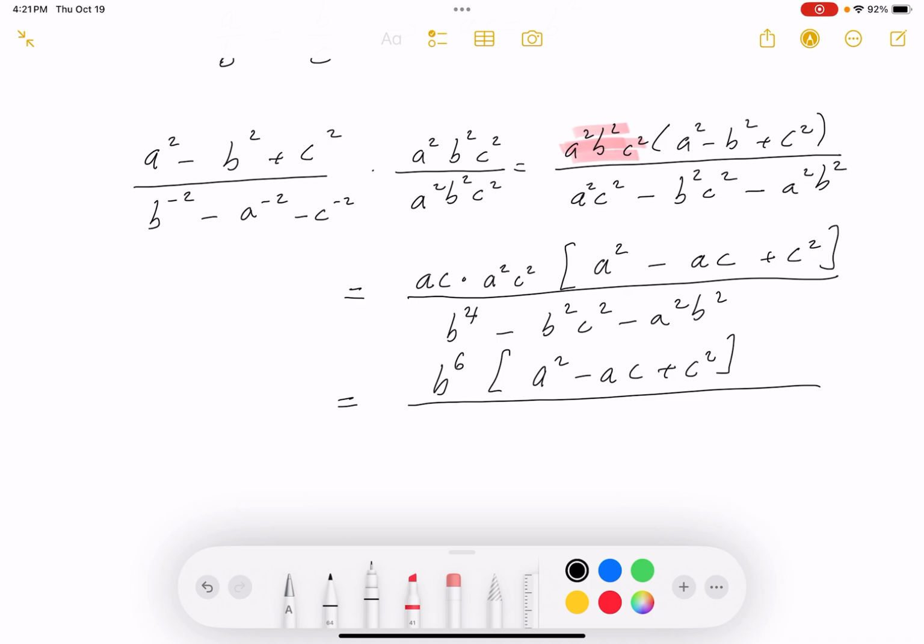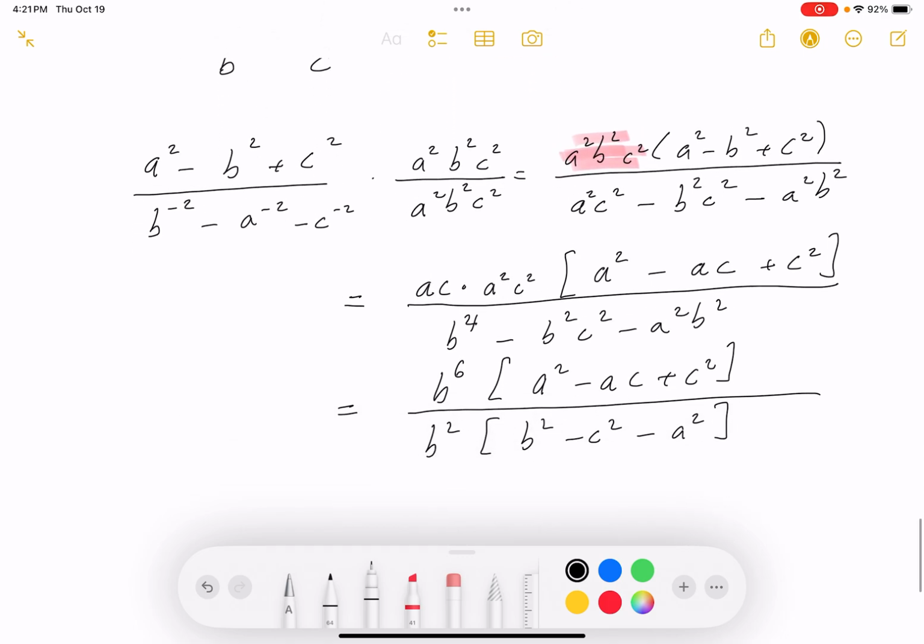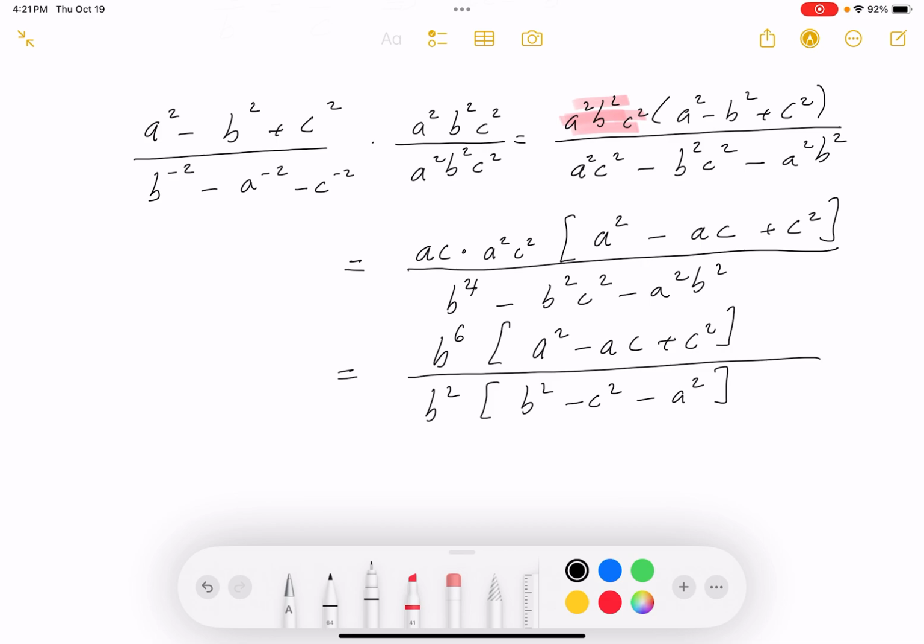And let's look at that bottom. I'm going to factor the B squared out. And you get B squared minus C squared minus A squared. You know, it's part of manipulation, I guess, right? Again, I've got to remind myself the AC is B squared, right? Let's keep writing it. B to the 6.